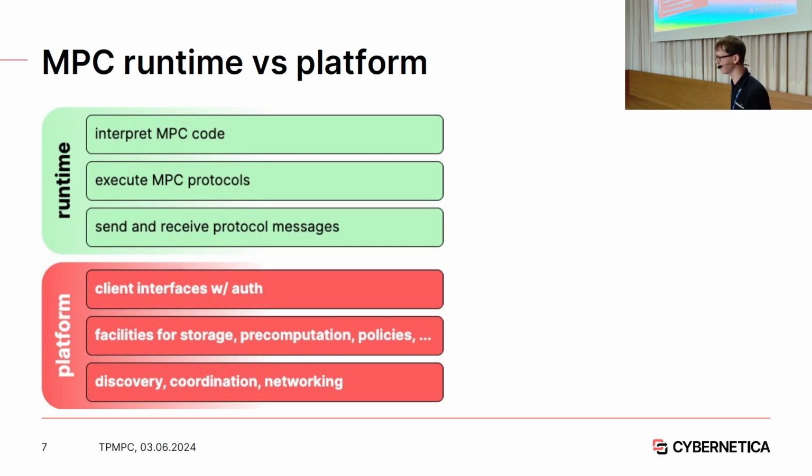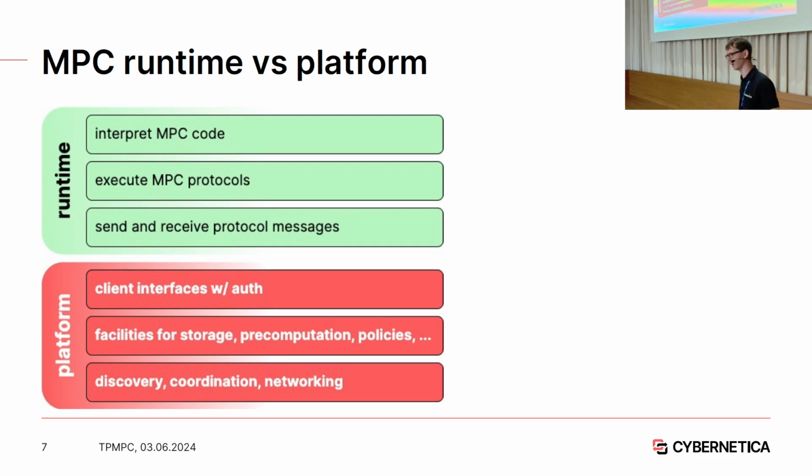And then in order to do MPC, you of course need some basic method to exchange messages, which means you need some point-to-point communication probably. And that's the runtime. And then comes the platform, and this can be more involved.